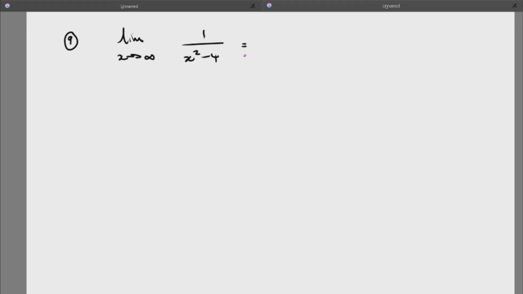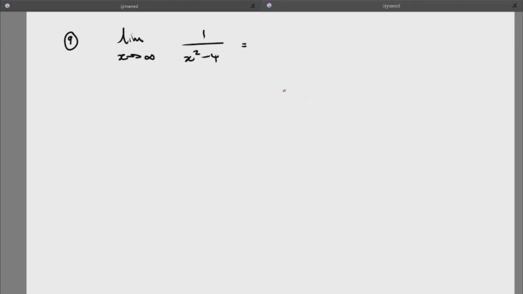It's asking for me to figure out how that function behaves when x does something. And in this case, x gets really big positive. It almost looks like a 2, but it's an x. So I identify the function, a rational function, which means I need to look at the leading terms.